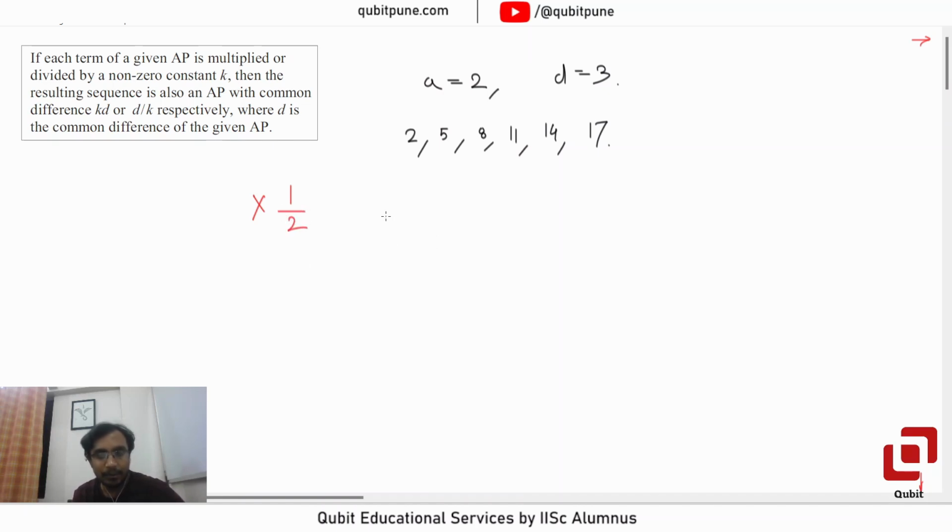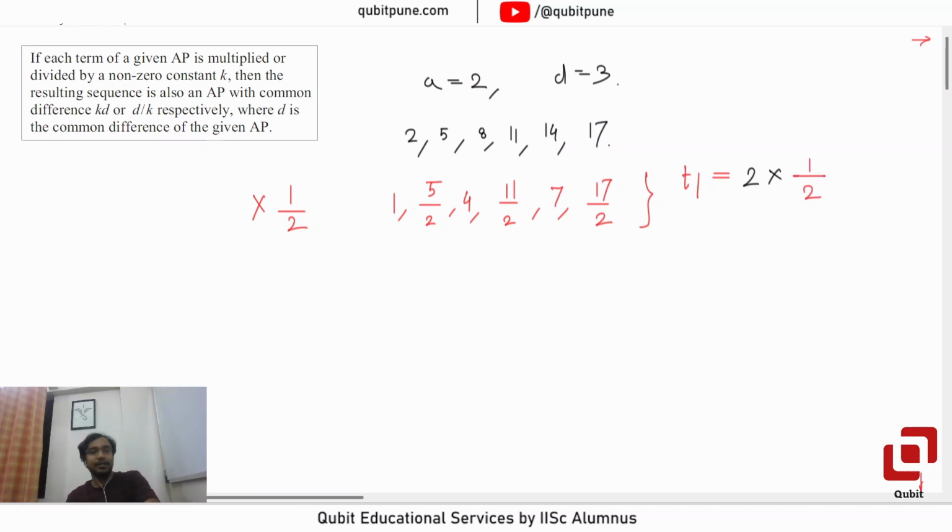So it will become 1, 5 by 2, 4, 11 by 2, 7, 17 by 2 and so on. So this is also an AP. What is the first term now? The first term here is clearly the original first term times the number that you chose to multiply the whole AP by.